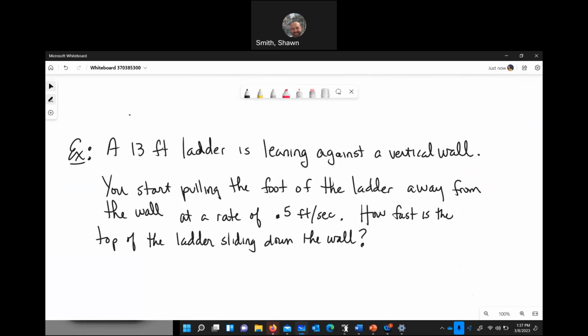Very classic related rates problem. I could ask you to measure this rate at a specific point in time, when the foot of the ladder is 5 feet from the wall.